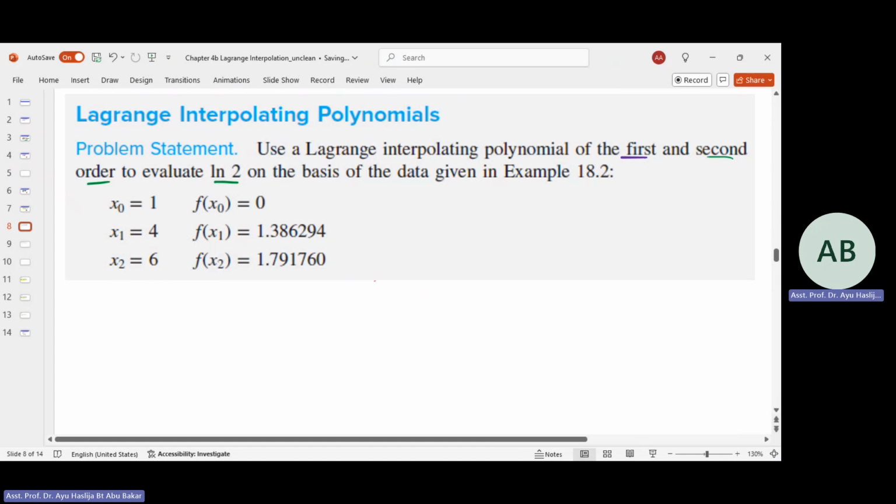This one is similar to the Newton example last time. Last time we needed to find ln 2 using Newton. Now we try using Lagrange, first order and second order. So n equals 1, n equals 2.